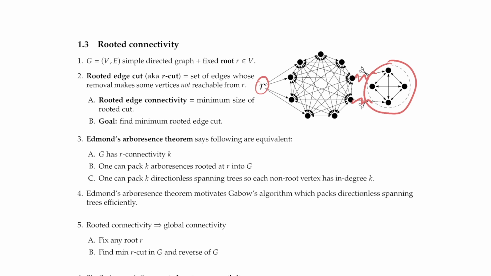Rooted connectivity is also very fundamental, especially because of Edmonds' arborescence theorem. He showed that the following are equivalent.